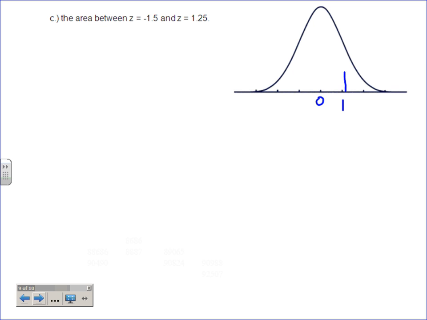It's probably a little further, right? You get the idea. And negative 1.5. We know that it's more than 68, right? And we know it's definitely less than 95. So that's not a very good range. We should probably narrow that down a little bit.